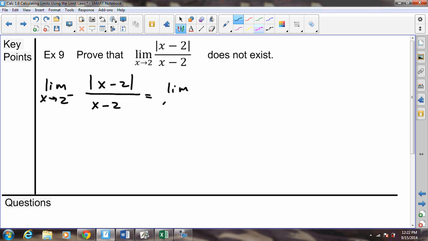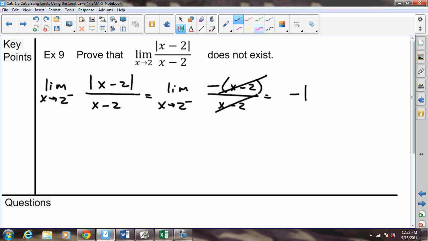So that would be telling us that we have the opposite of x minus 2 over x minus 2. When those simplify, cancels and cancels, you get negative 1.